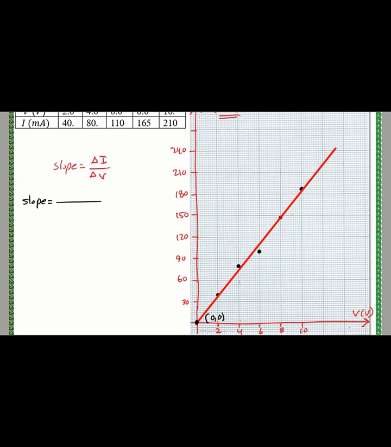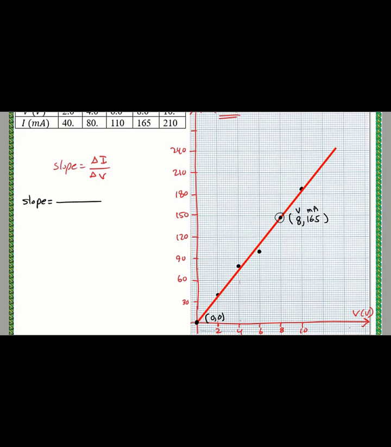Take another one, it does not need to be in the table, it needs to be on the line, but I find this satisfies the line and the table as well. It is 8 with 175. Don't forget, this is milliampere and this is volt.